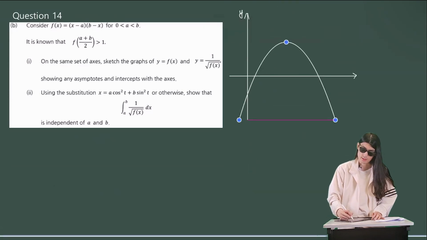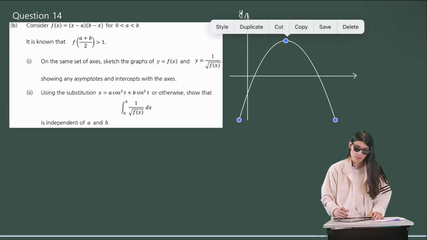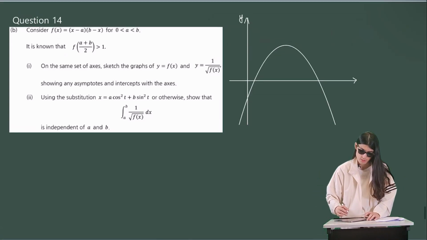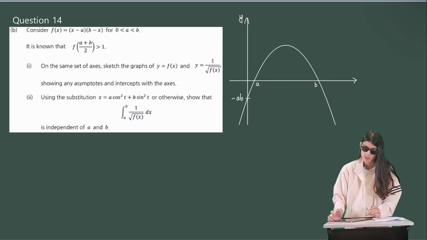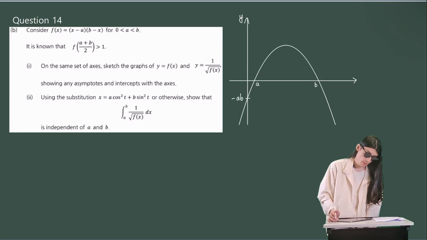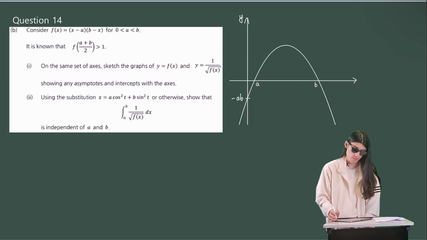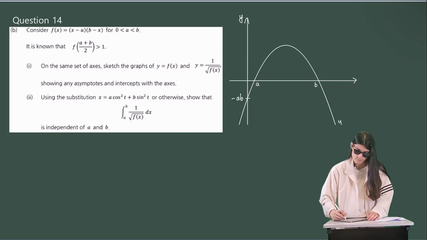Like that. And it's set to label all the intercepts. So this would be A, this would be B, and the y-intercept at x equals to 0, this would be negative AB. If you find f of 0, essentially. Okay, and that's the graph of f of x.